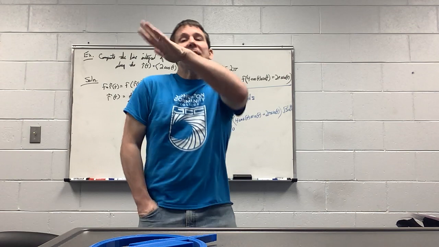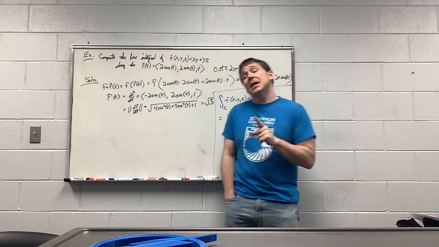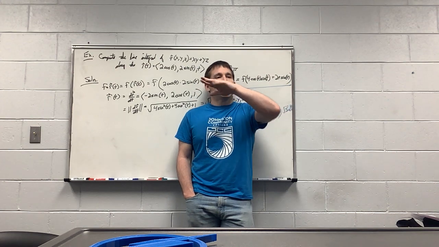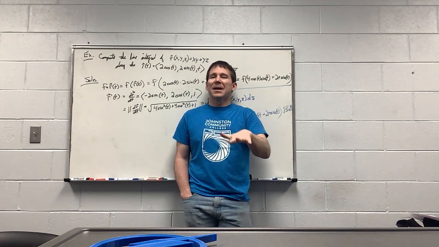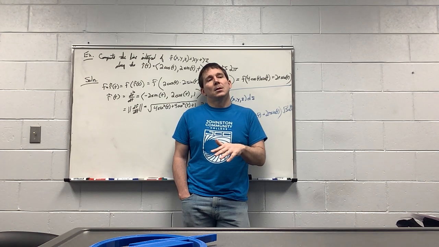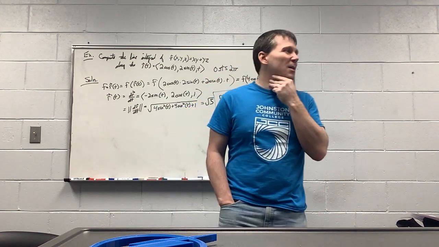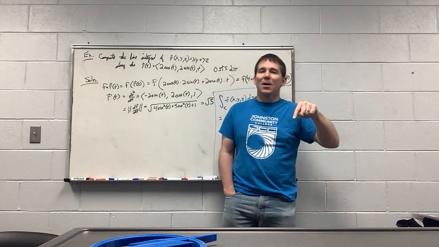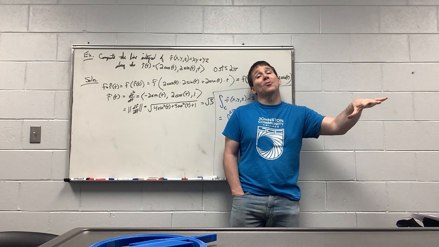Well, if I'm integrating something in R3, I at least understand, because we've already done this, that the thing I'm integrating, if I integrate below that, I'll get a volume. But what if I only integrate along one curve within that surface in R3?